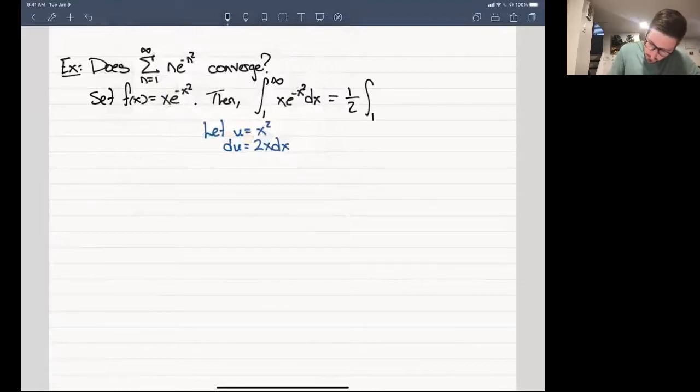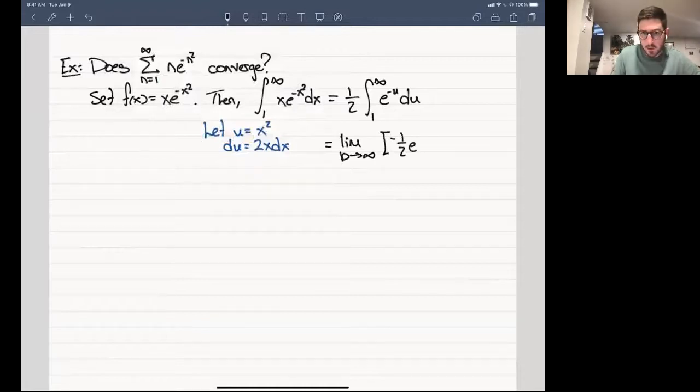The integral from 1 to infinity, the bounds don't change, of e to the minus u du, which if we translate that upper bound back into a limit, so if we just want to do the notation properly here, the antiderivative is fairly easy to find. So we get e to the minus u, and this is running from 1 to b. We don't need to do any back substitution now that we've translated the bounds in terms of u as well. So we don't need to put it back into x.